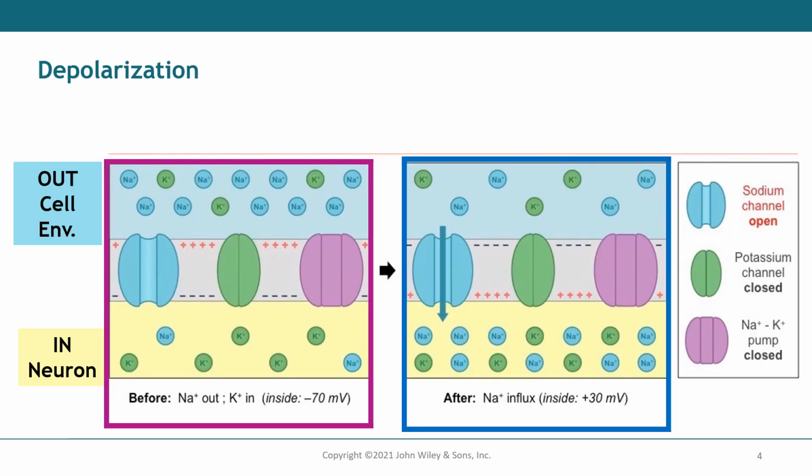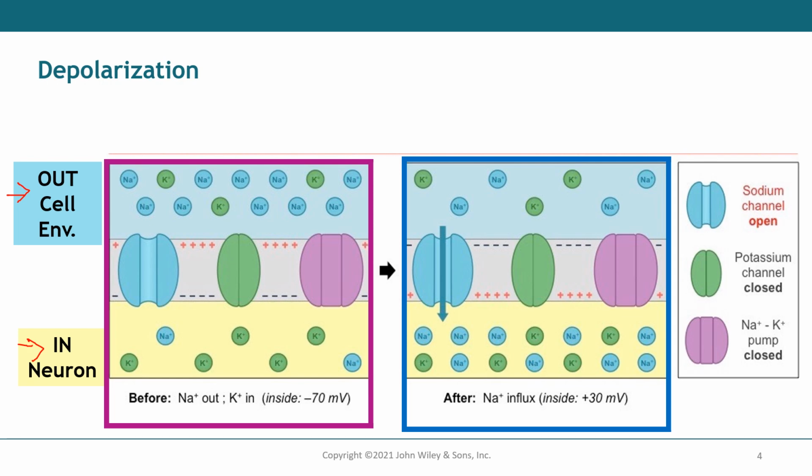First, I'm going to walk you through this diagram, which I think will be very useful, because I'm going to use it to explain all the other phenomena. Here in blue you will see the outside of the neuron, the outer cell environment. Here in yellow you will find the inside of the neuron, or the cytosol.